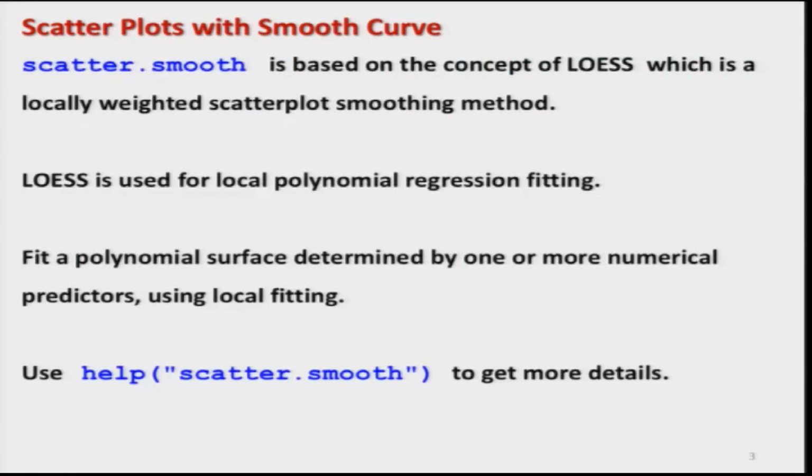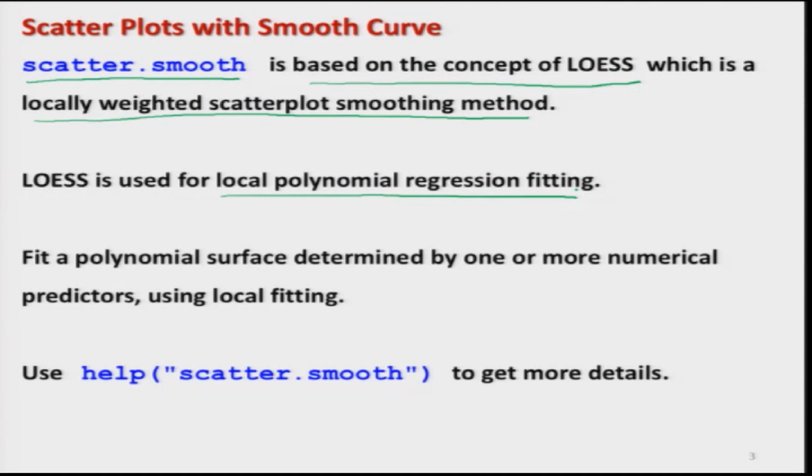This command scatter.smooth is based on the concept of LOESS. LOESS is a locally weighted scatter plot smoothing method, and this is used for local polynomial regression fitting.